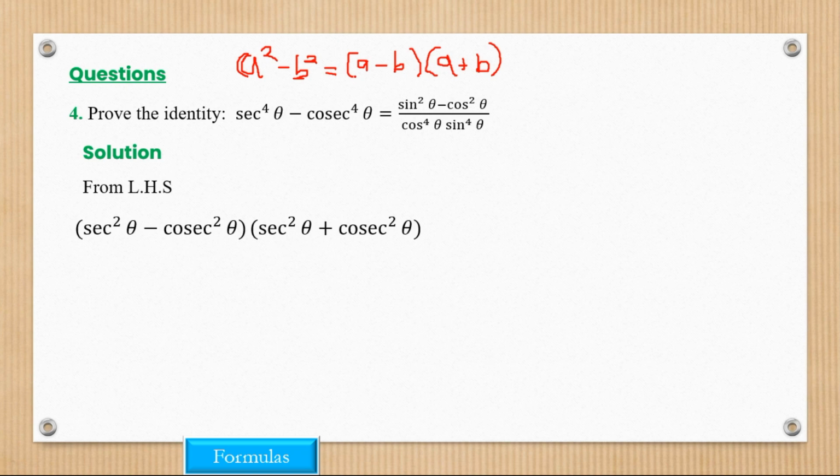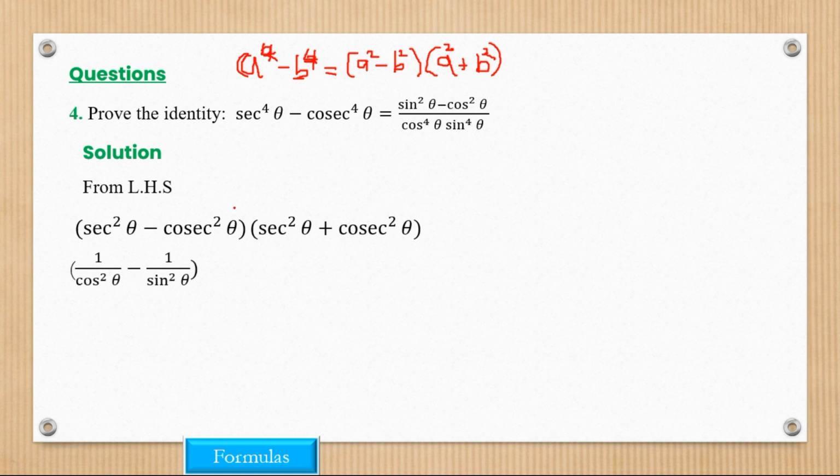In this case we have power 4 here, which simply means we have these values being squared. That's why this becomes sec squared theta minus cosec squared theta into sec squared theta plus cosec squared theta. So that's how the expansion works.